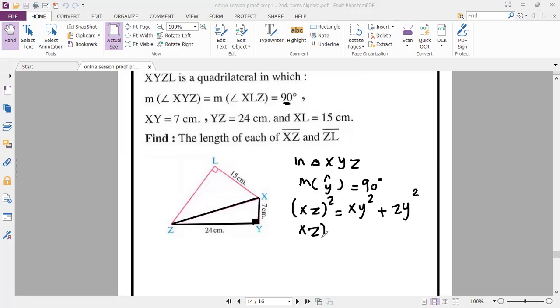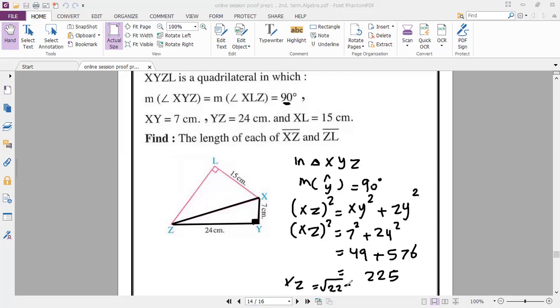So XZ to the power of 2 equals 7 to the power of 2 plus 24 to the power of 2 equals 49 plus 576. Adding them leads to 225. Then by finding the square root of 225, it will be 15 centimeters.